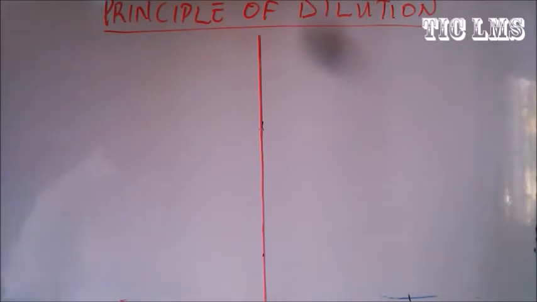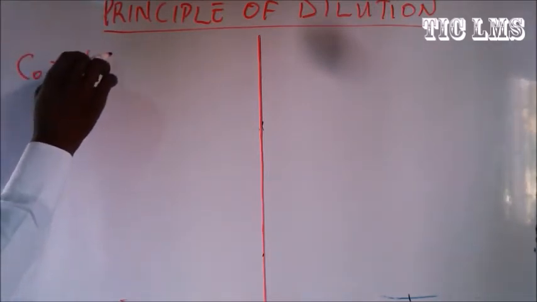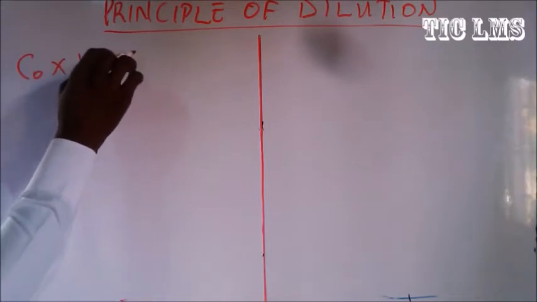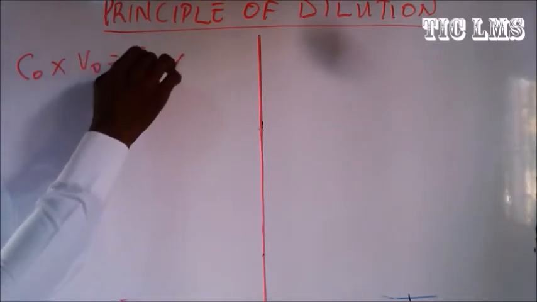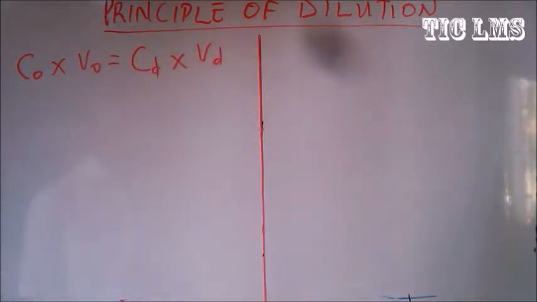The principle of dilution is based on a relationship, which is that the original concentration multiplied by the original volume will be equal to the diluted concentration multiplied by the diluted volume. These concentrations are mainly carried out in mole per dm cubed, and then the volume is carried out in cm cubed or in dm cubed.